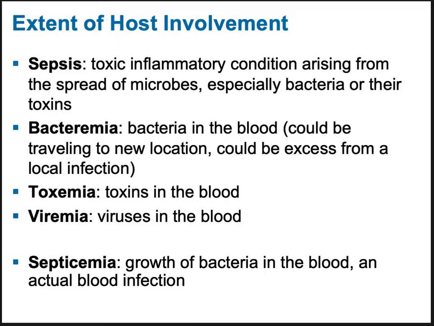There are only a few types of bacteria that are capable of doing this, and this is an actual blood infection. We'll see that in our overview of bacteria starting this week, and that will last a few lectures long. So something to look forward to.